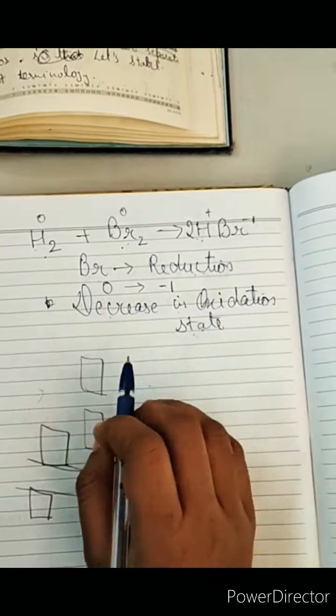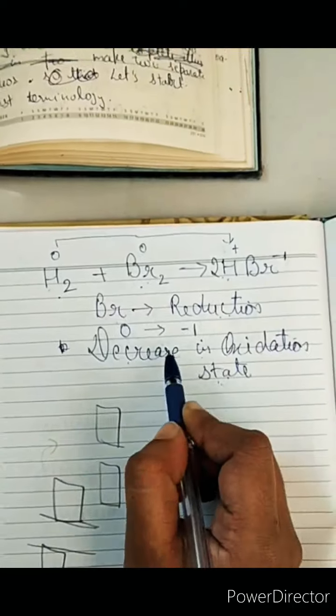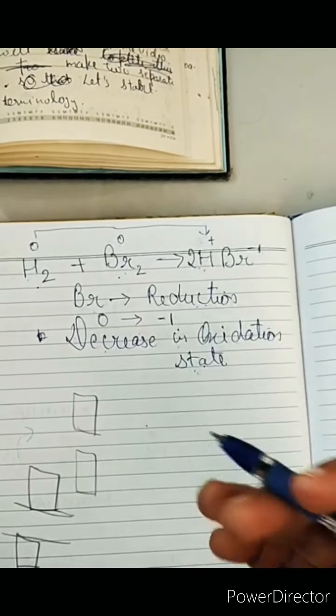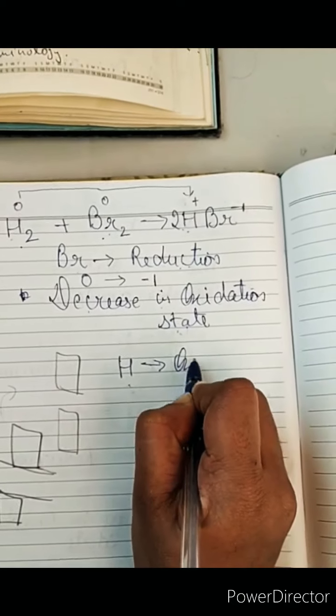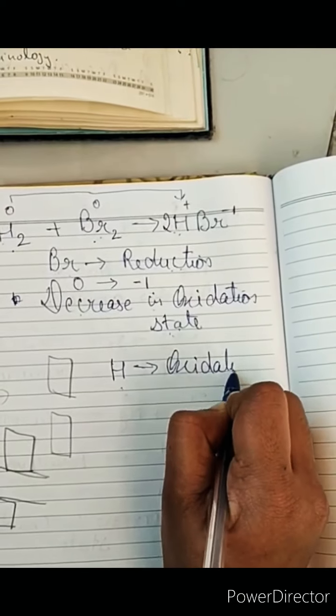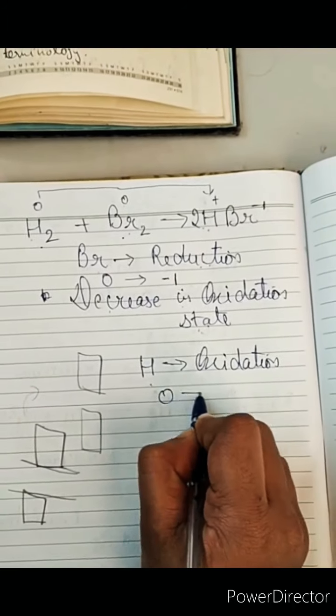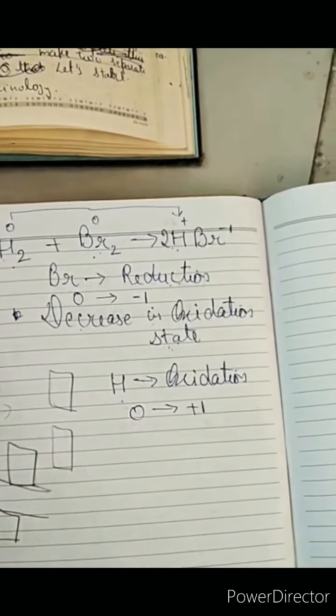Now what about hydrogen? You can easily see it goes from 0 to plus. So hydrogen undergoes oxidation, that is from 0 to +1.